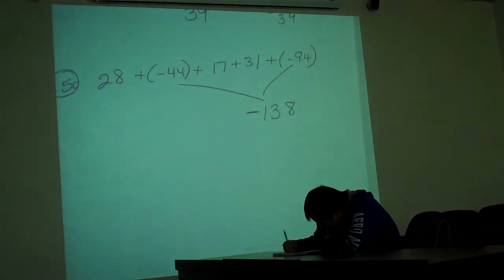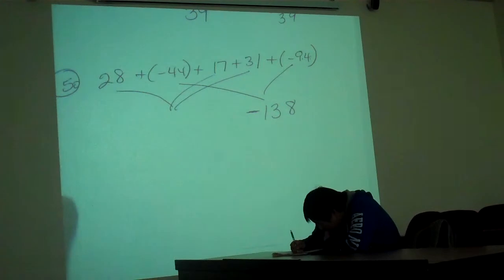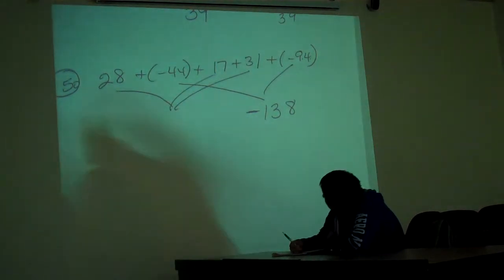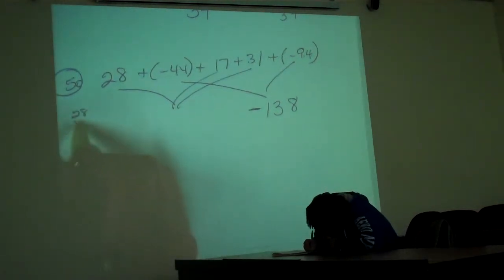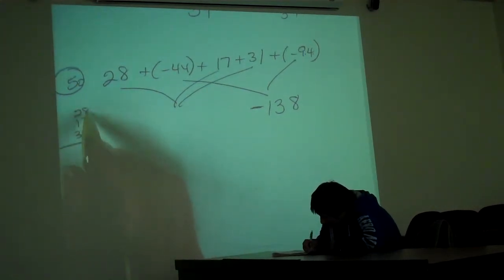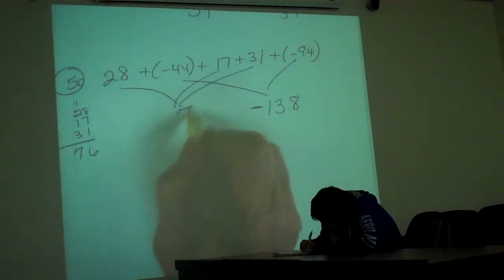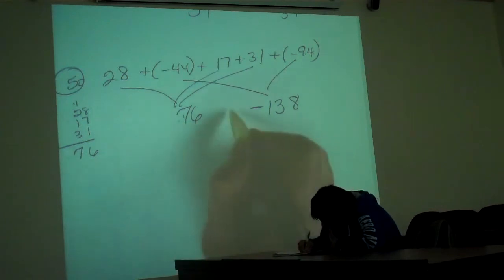So you have 138 in bills, and there's maybe 3 people that have some money here. Put it all together. You have the 28 plus the 17 plus 31. So you have $76 altogether.